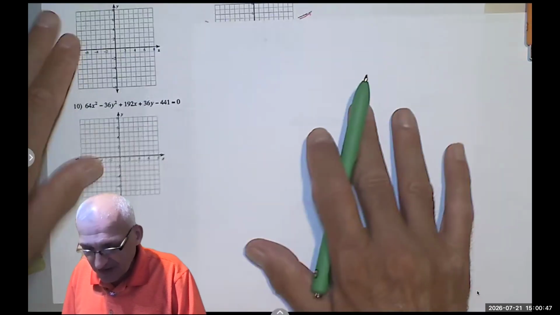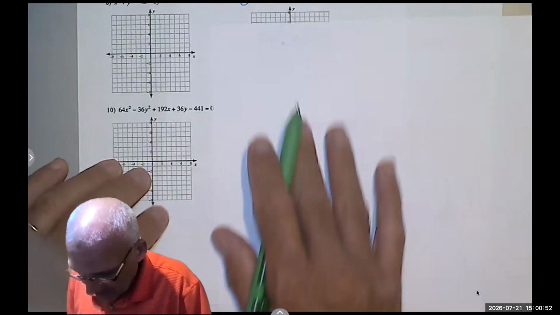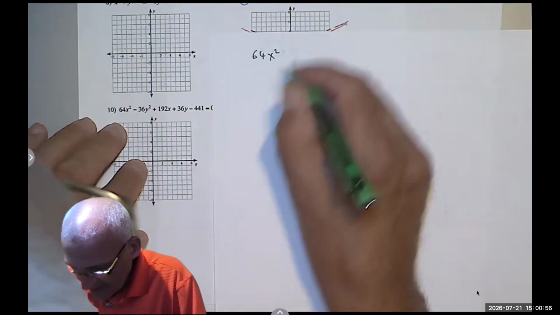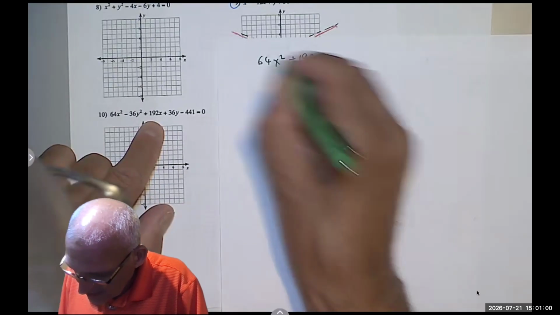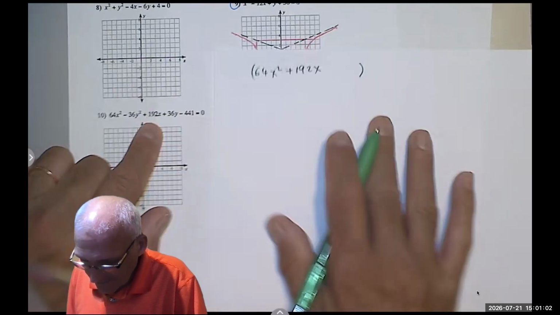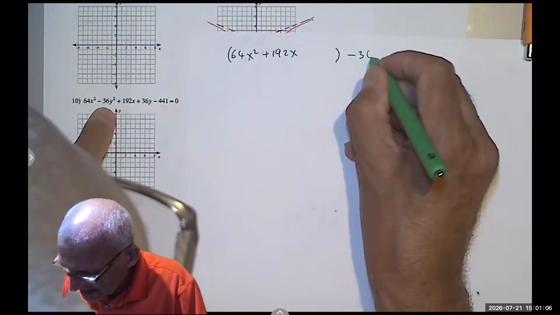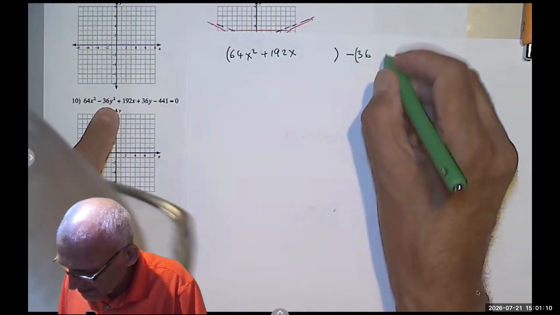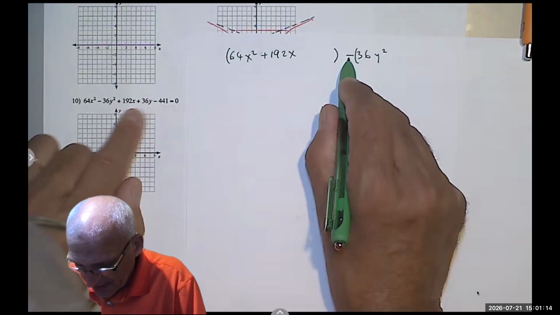This one. It's still opening right and left. I don't know why they do both the same thing. So I have 64x squared, and I'm going to add 192x to it and leave a blank to complete the square, and then say -36y equals 441. I factored out the minus.